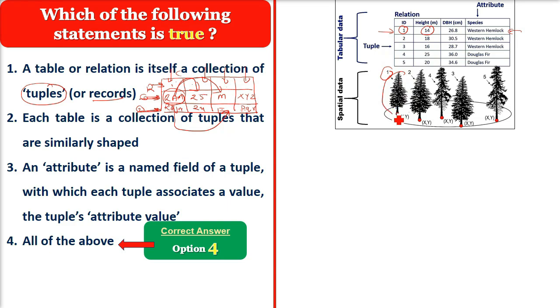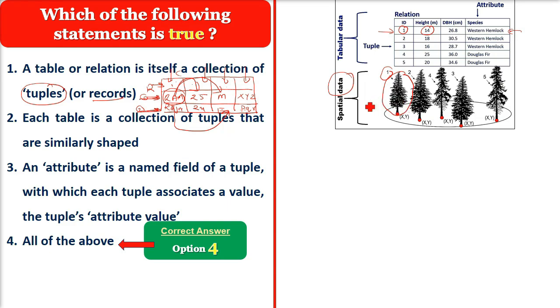Okay, so there is spatial data, because this tree will be somewhere on the earth with latitude, longitude and height, the elevation. And there is other information also. So this is how spatial data is converted into tabular data and addressed in your GIS systems, in your Geographic Information System database management systems.